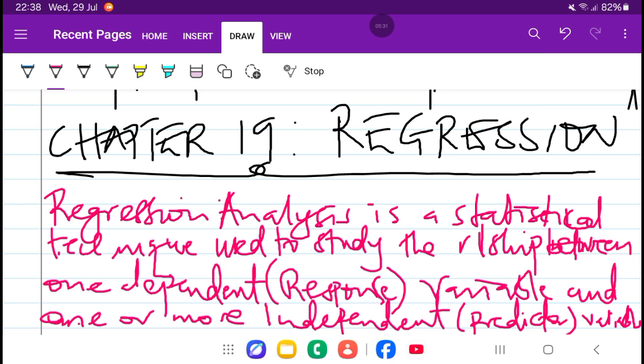Now, of course, how this happens is that once we have drawn our scatter plots, like the way we drew them in the previous video, these scatter plots always show a straight line relationship between the two quantitative variables. Now we are talking about one being dependent and one being independent.